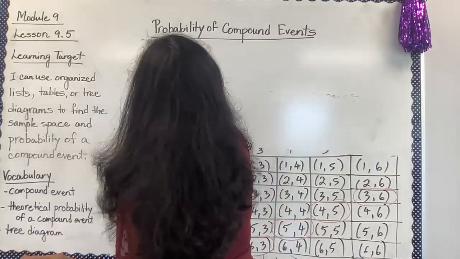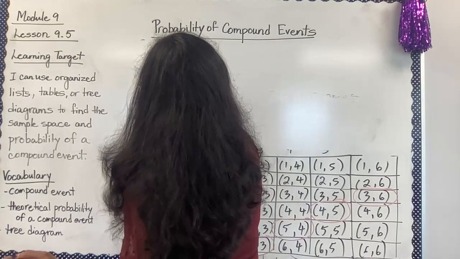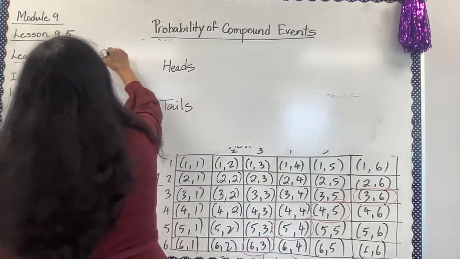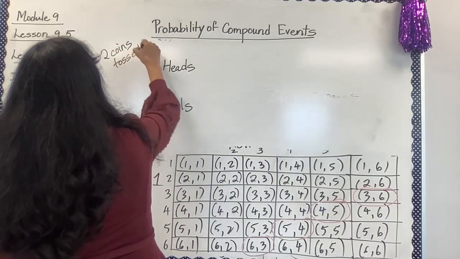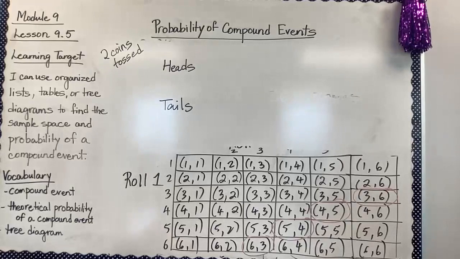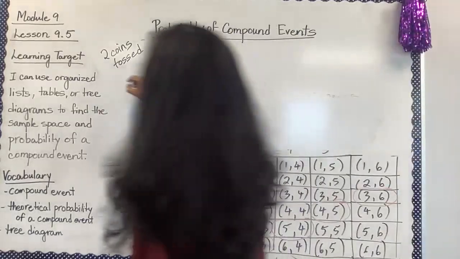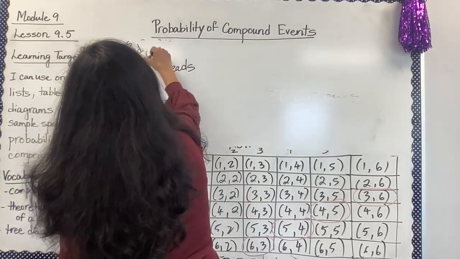I have heads on the first coin and tails on the second coin because we have 2 coins that are tossed. And then after that, I have a number cube, 1 through 6.